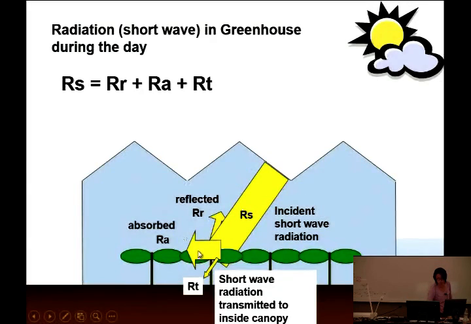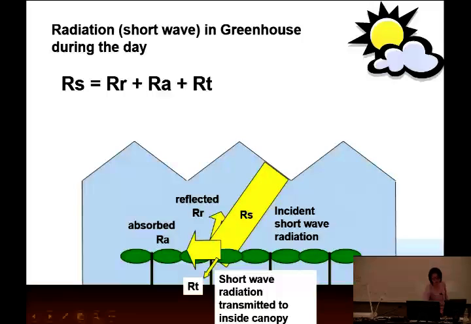And then out of that, much of the light is supposed to be absorbed by the plants. Some of it is reflected, some of it transmitted through the canopy. Okay, so that's the greenhouse.